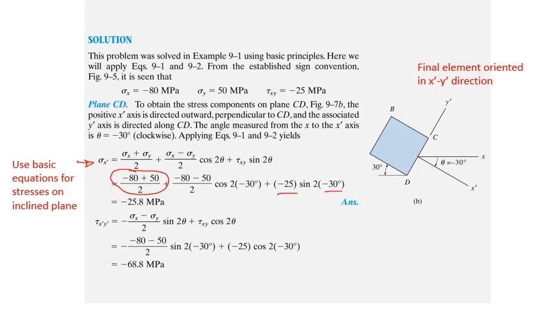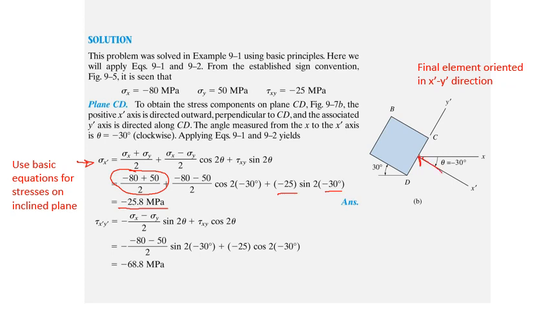If you calculate this, you will get minus 25.8. So remember, it's a negative value. What it says here from the answer is sigma x prime is compressive. So if you want to draw it, you have to draw it in a compressive direction.